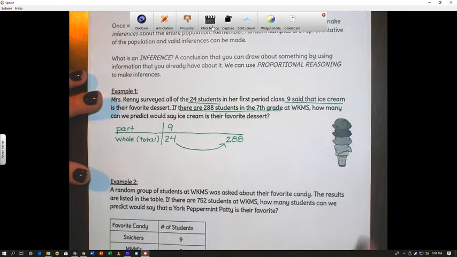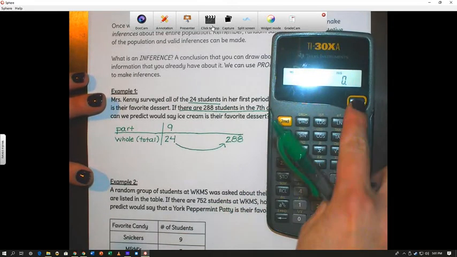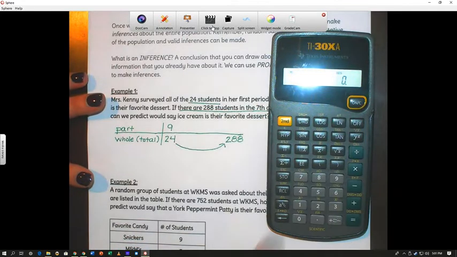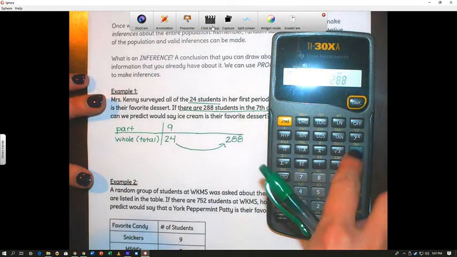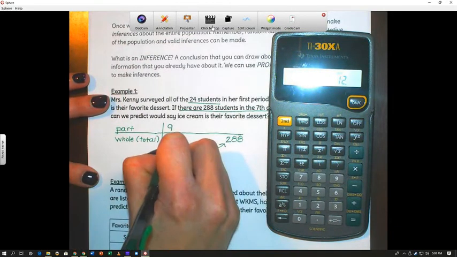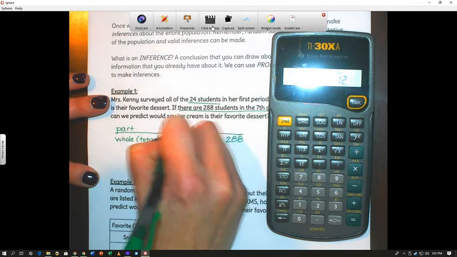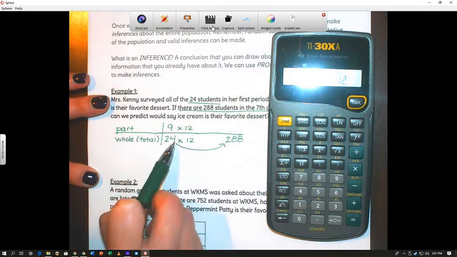This is a calculator standard, so you may use your calculator. And I'm going to do 288 divided by 24, which gives me 12. So I have to scale up by 12 to go from 24 to 288.